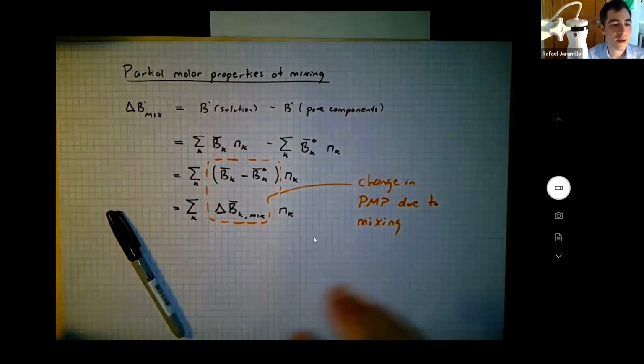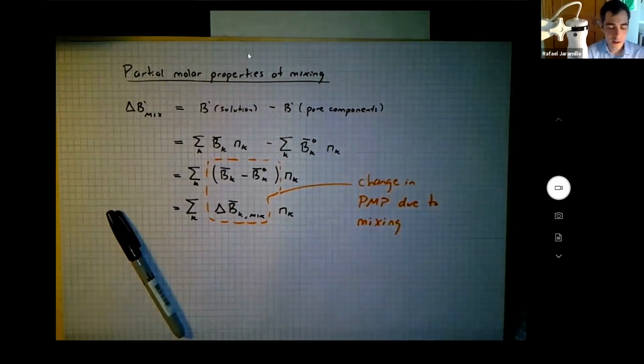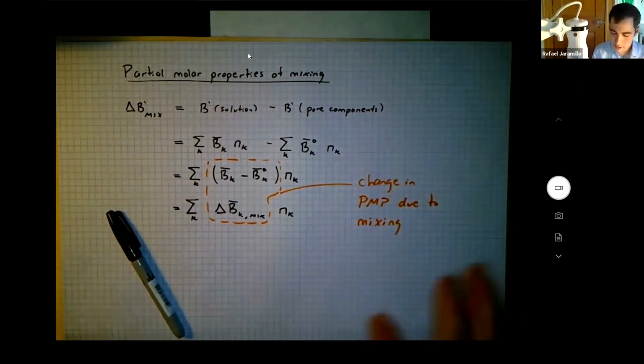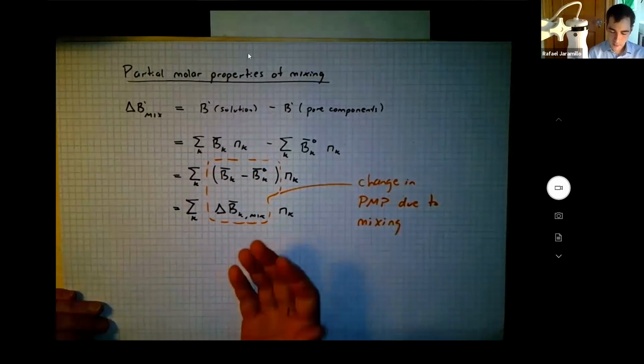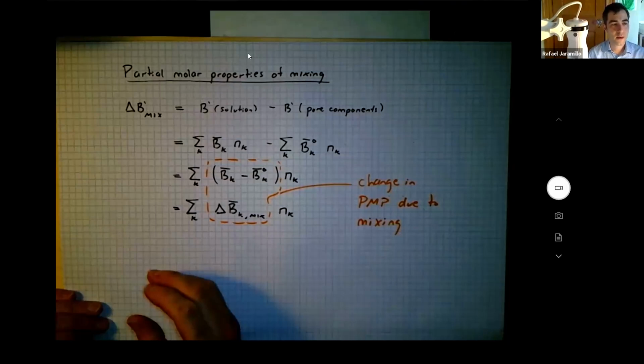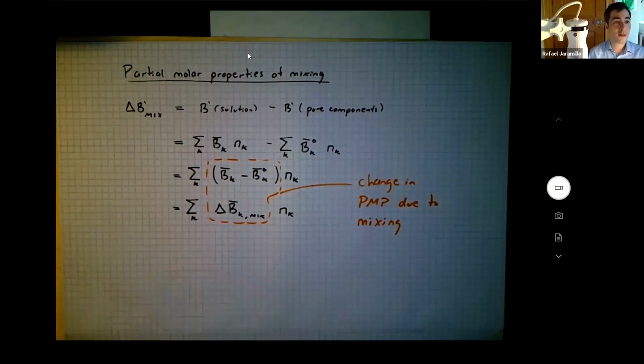All right. What is this? Let me give an analogy. I don't know whether this helps. Let's imagine this is personal space. We're calculating here the area occupied by a crowd of people.